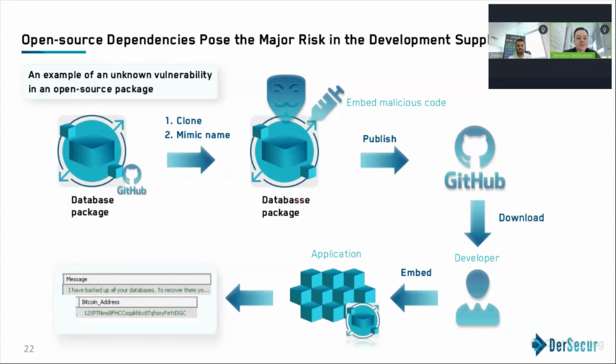What malicious actors could do is clone it, mimic its name, embed some malicious code in it, and publish it on GitHub to look very legitimate, and wait for developers to download this package, embed it in their application, and then enable the malicious code, and it will lead to a cryptolocker or similar attack.